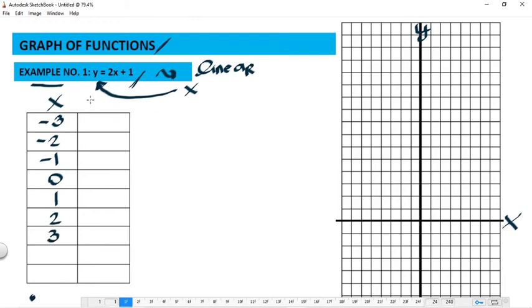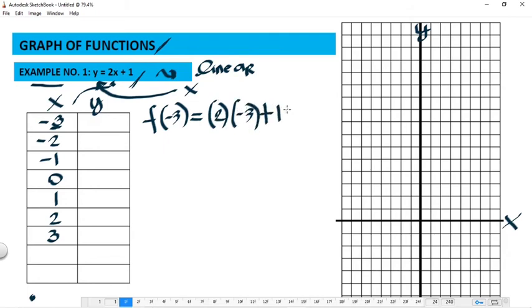Next thing to do is to compute for y. What we are going to do is substitute this value to the variable x. For example, for x is -3, so f of -3 is equal to 2 times -3 plus 1. That will be equal to -5.